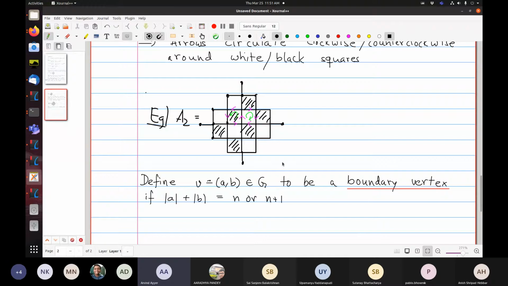So all of these are boundary vertices, but so are these. These are the points which satisfy |A| plus |B| is n plus 1, but you also have these. So these are boundary vertices.